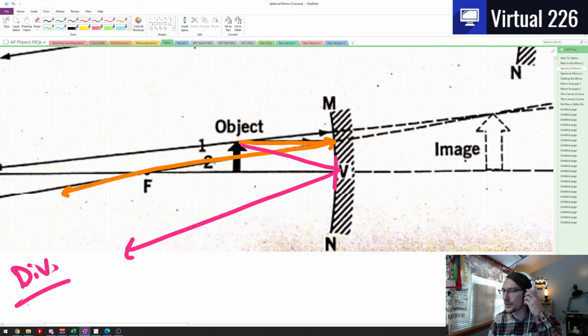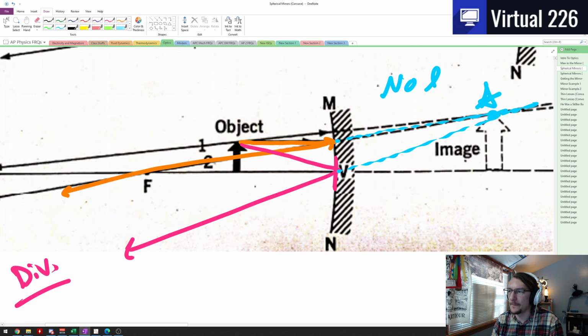They're moving apart from one another. But what your eye is doing is it's backtracking them. Your eye is backtracking these lines, and your eye is pretending that the lines hit out here. There is no light here. This is just darkness.